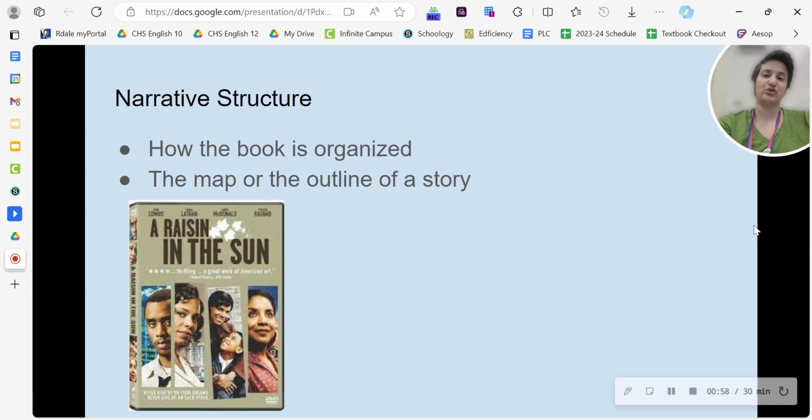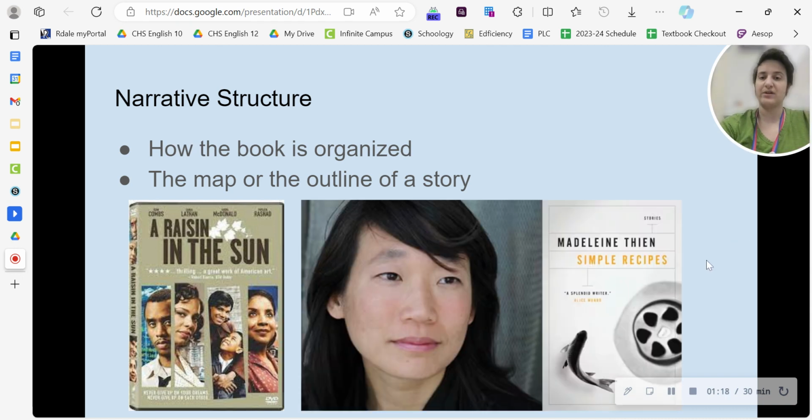If we think back to A Raisin in the Sun, which we read all the way back in first semester, well, Raisin in the Sun has a pretty simple narrative structure. It is just one storyline, start to finish. We start one morning and see how the events of the next several days play out, just moving forward in time.